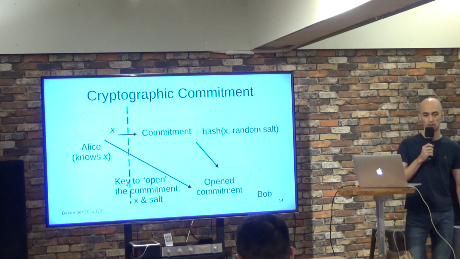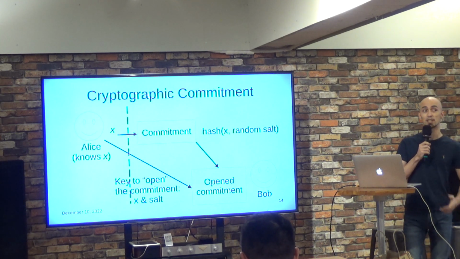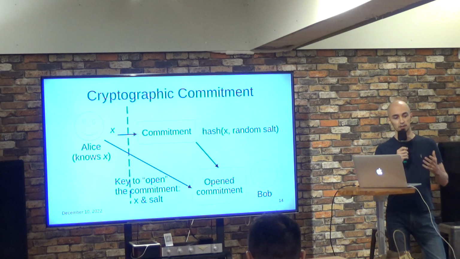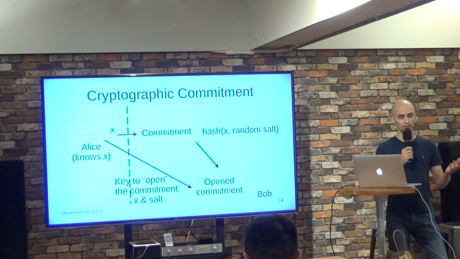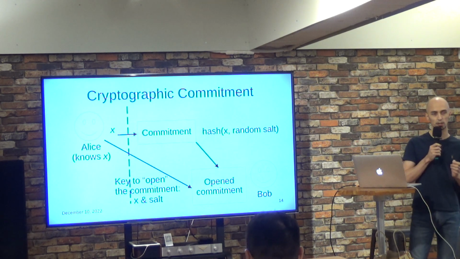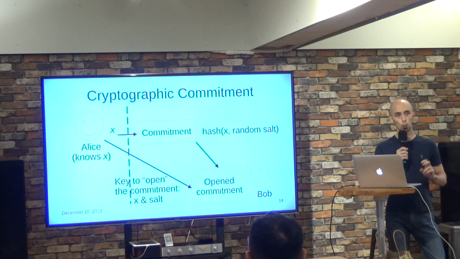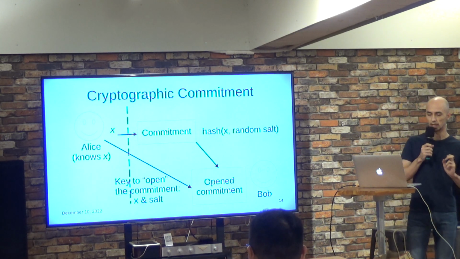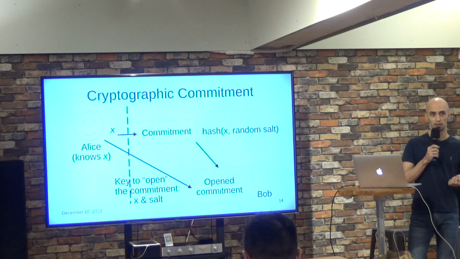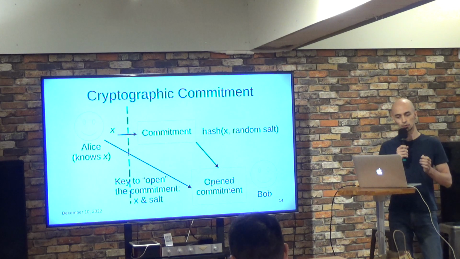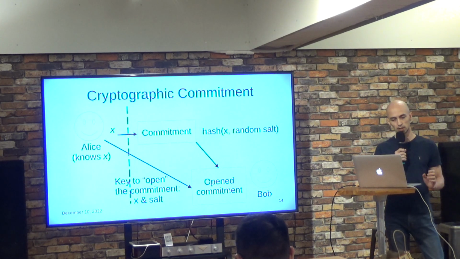But later, if the party who is verifying wants to make sure that the data is exactly what was committed, then there is a way to open, colloquially speaking, that commitment and to demonstrate that the data that was committed is actually the right data.